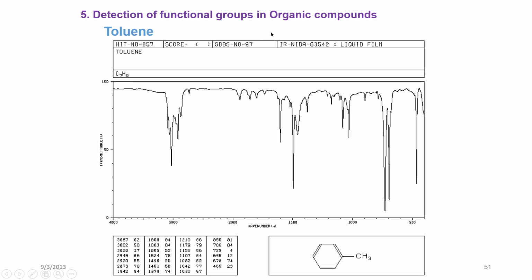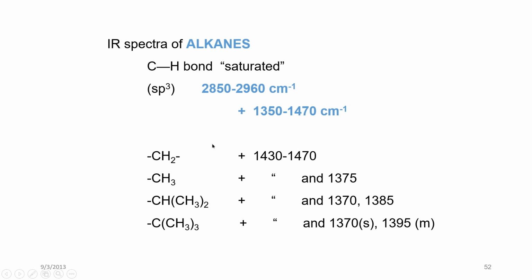Then it is possible to detect the functional groups. As I told you, depending on the functional groups, there is a characteristic peak which appears in the IR spectra. So by assigning the values, it is possible to study the nature of the molecules.